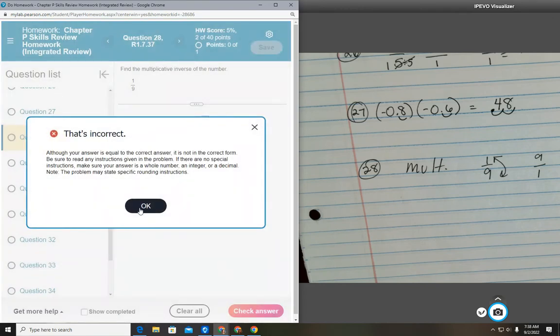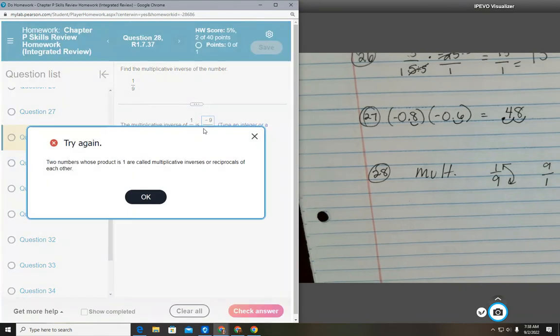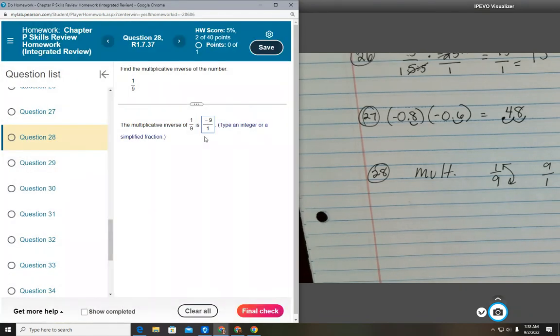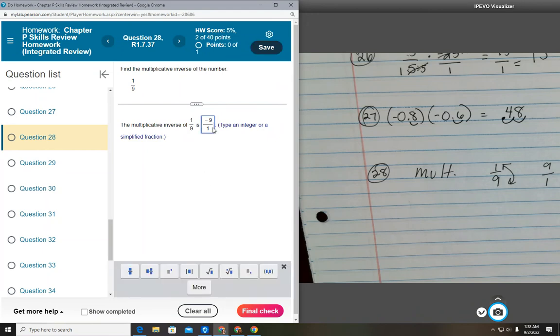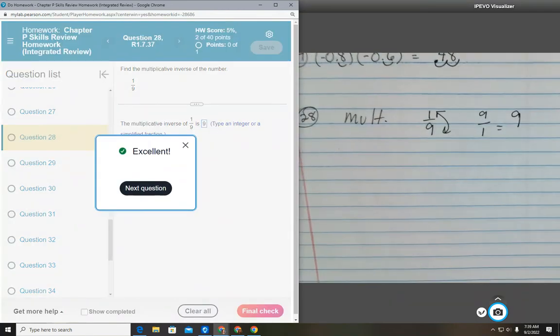Oh, I guess it has to be negative, sorry. Negative 9 over 1. You flip it. Oh, maybe they don't need the over 1. It's just 9.